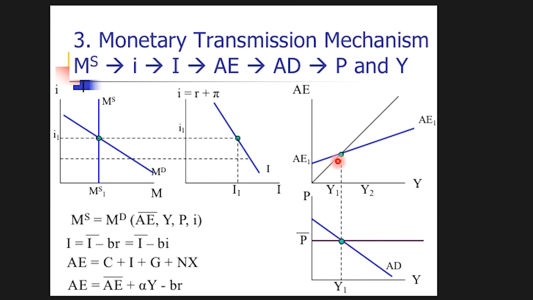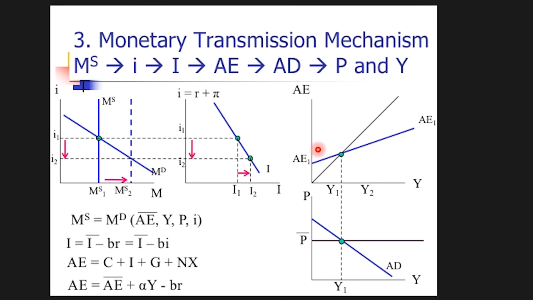So if we have, for example, expansionary monetary policy, money supply increases and shifts to the right, this will lead to the reduction in the interest rate. And so, the lower interest rate will encourage investment, and investment increases.